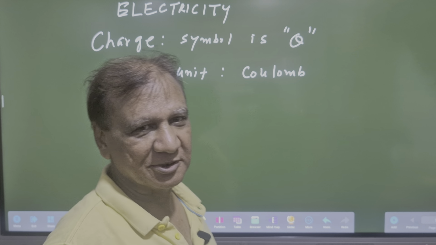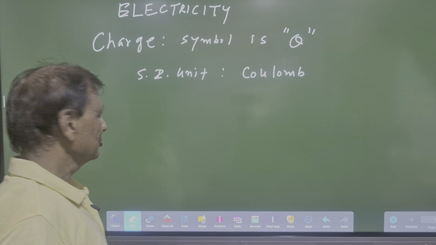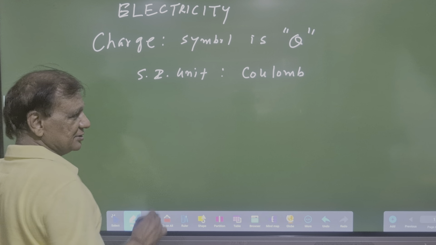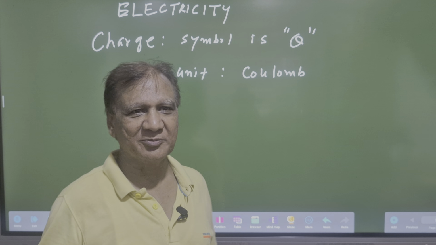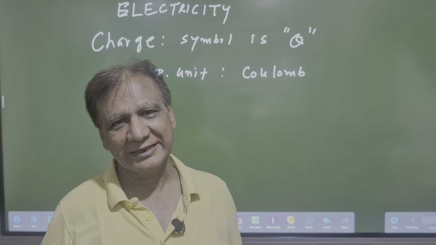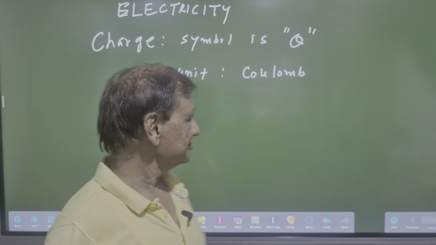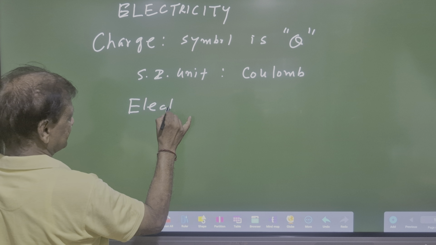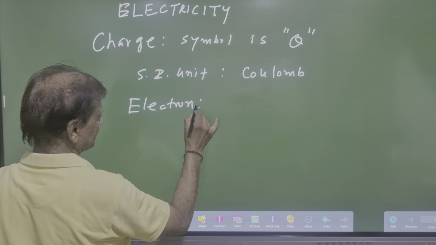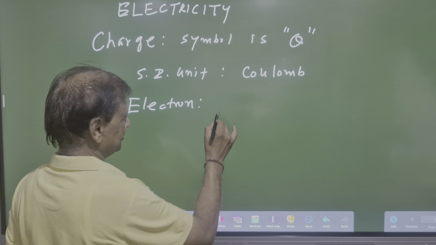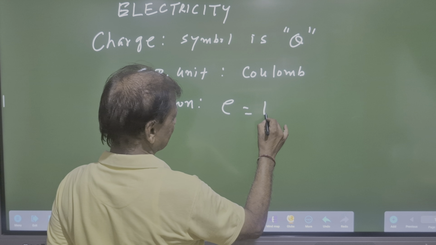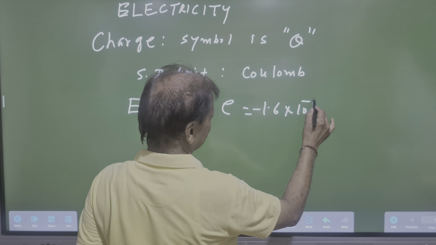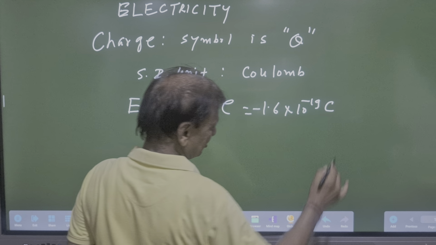So this name is kept in honor of scientist Coulomb, who gave Coulomb's law. Now, in charge or electricity, the most important element or part is the electron. The charge on each electron is e equal to minus 1.6 into 10 to the power minus 19 Coulomb.